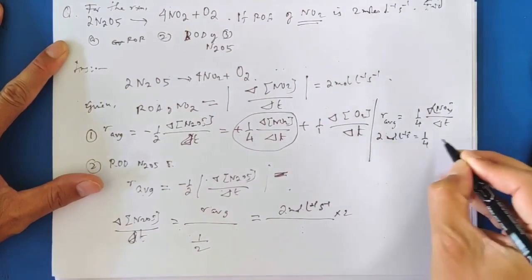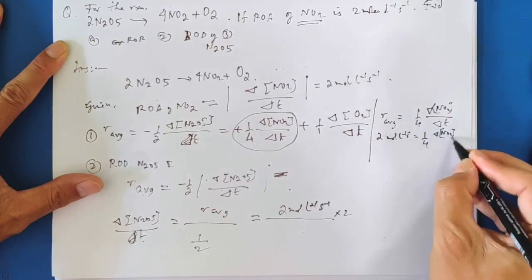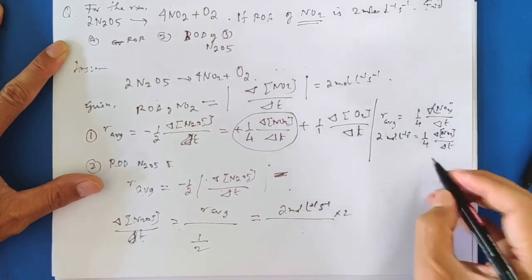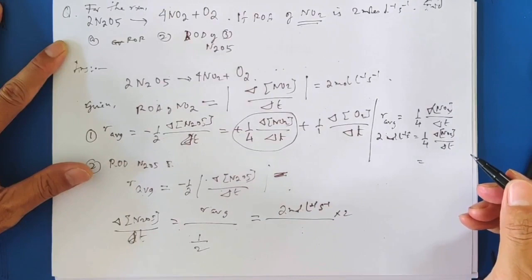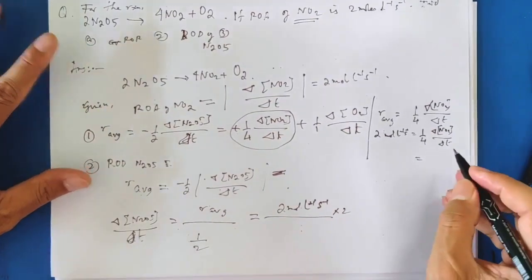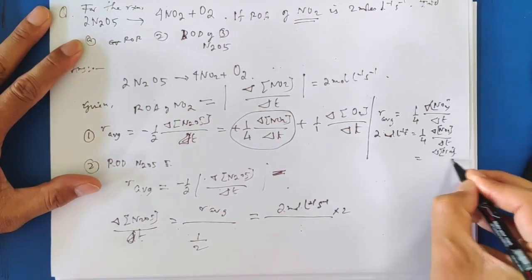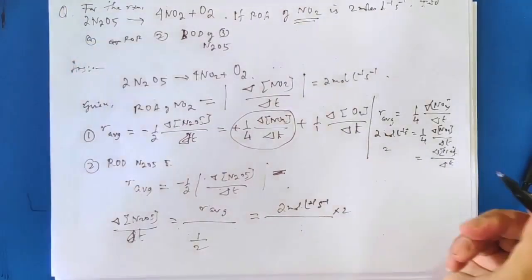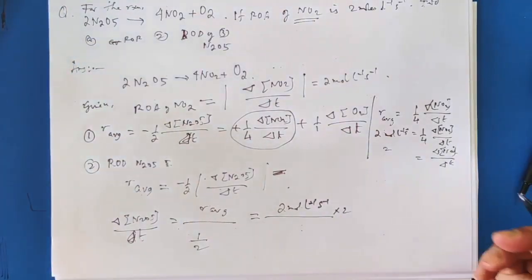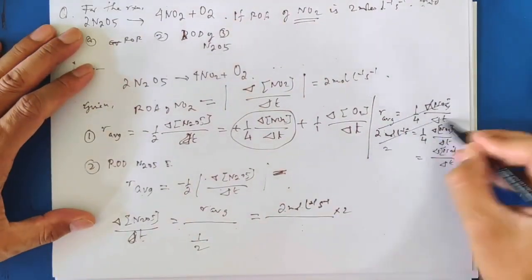This is 1 by 4 del NO2 del T. Cross multiply. So del NO2 del T, this is half. Here the value is 2, and 1 by 4 will go up there.